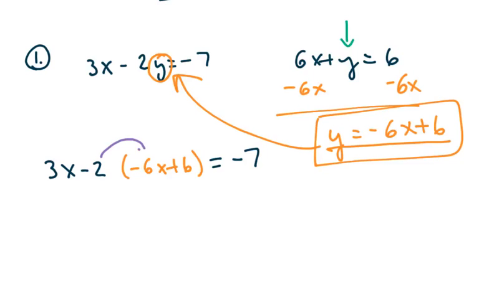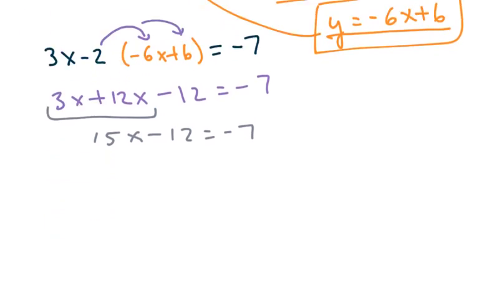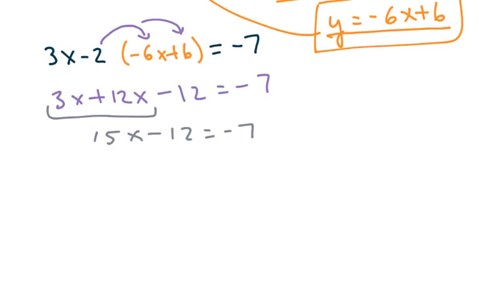So we distribute, and we'll get 3x plus 12x, watch the sign, minus 12 equals negative 7. Solving the equation, we'll combine like terms. We put these two together, get 15x minus 12 equals negative 7. We're going to move the 12 to the other side.